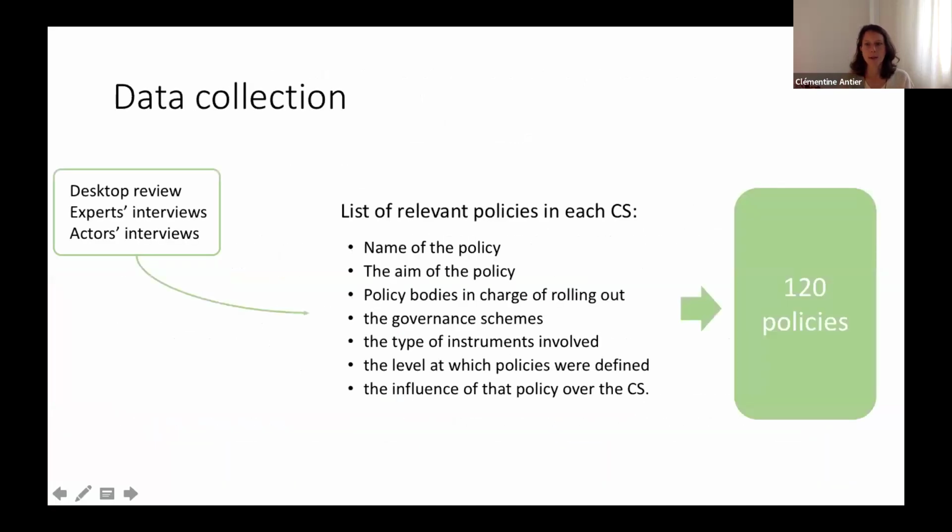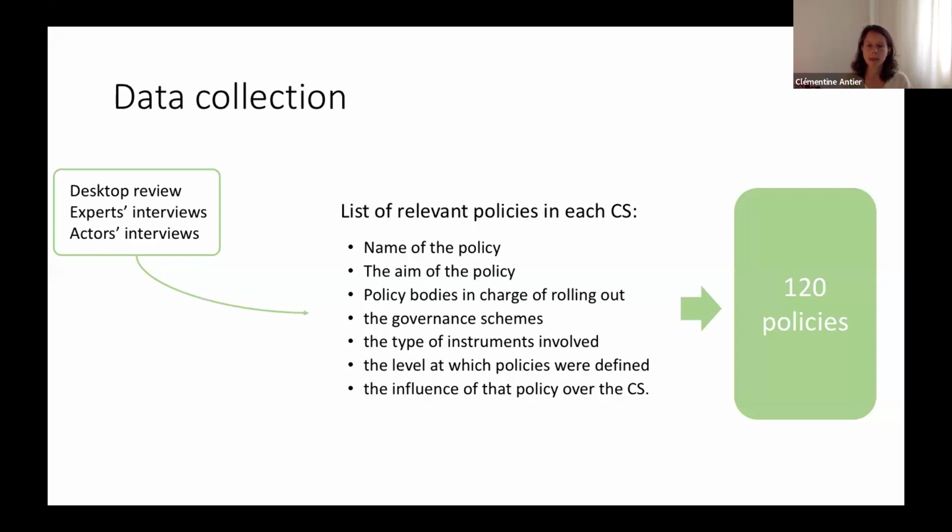Regarding the policy spaces, all the data comes from the desktop review, the expert interviews in some cases, and the actor interviews that were done by case study coordinators in the beginning of the process. And we asked them to list relevant policies in each case study.